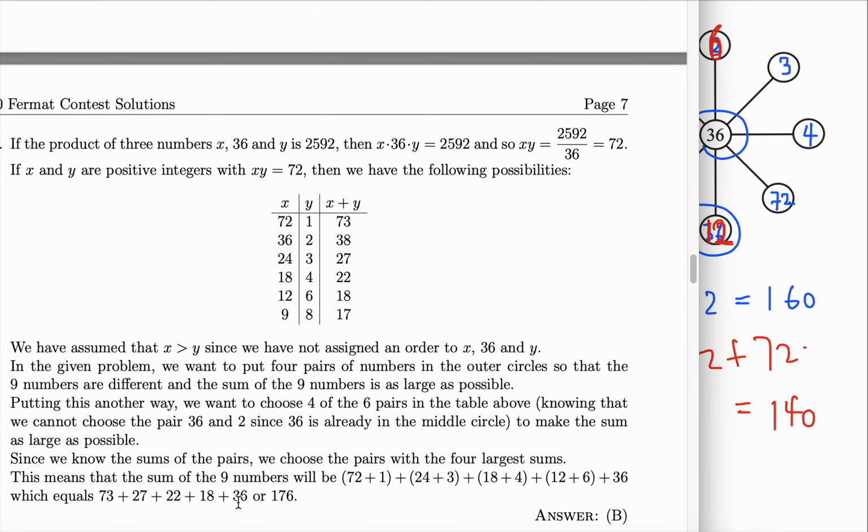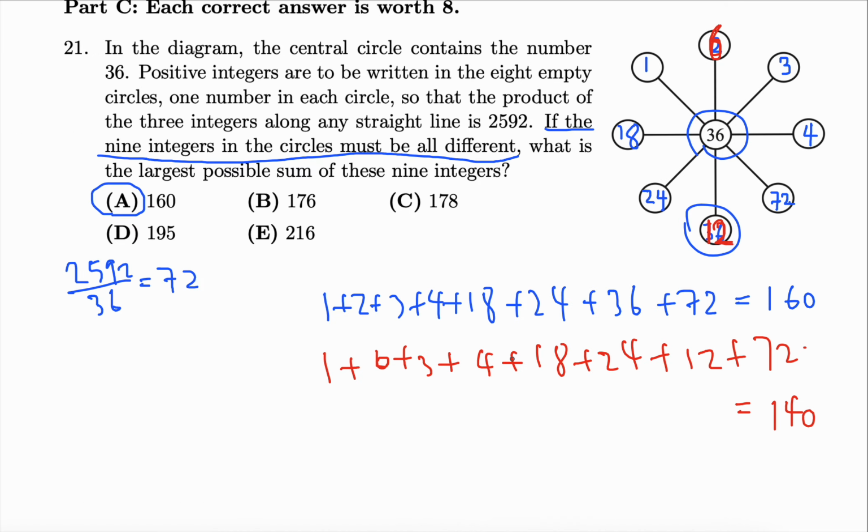Oh, I forgot to add 36. Okay, sorry about that. What is the largest possible sum of these 9 integers? We're not just adding the 8, we're adding also the 36. So yes, 140 plus 36 will be 176.